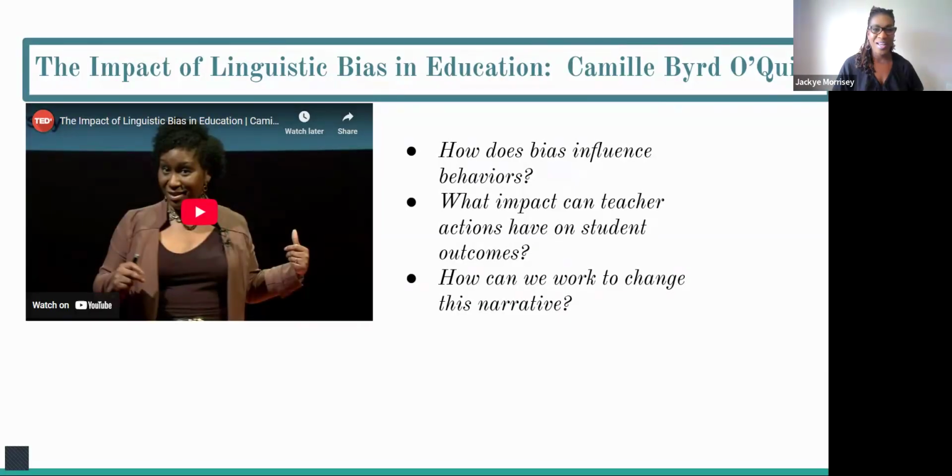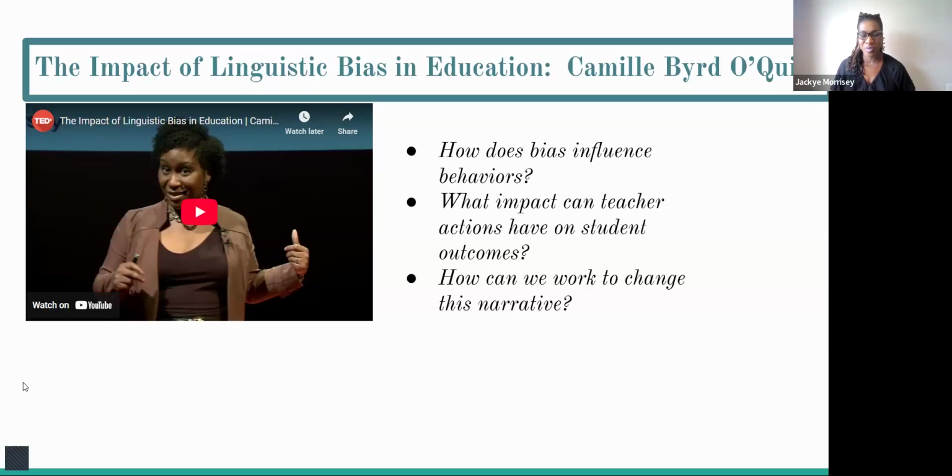All right, I want to stop that segment right there because I think that O'Quinn gave us some very valuable fodder to think about. She is talking about AAVE, African American Vernacular English. I don't know how many of you have ever thought about that, or even how many of you knew that AAVE was such a thing, but it is.